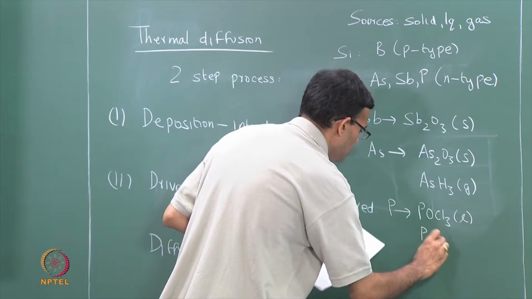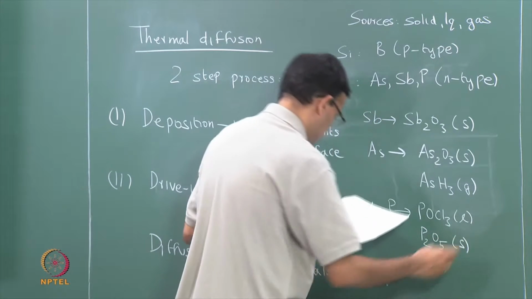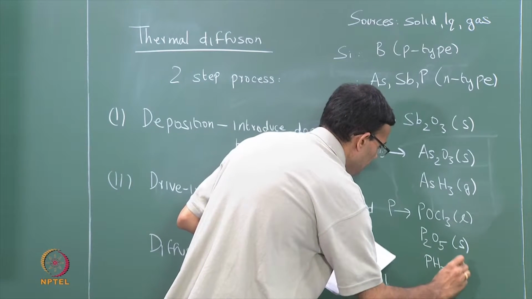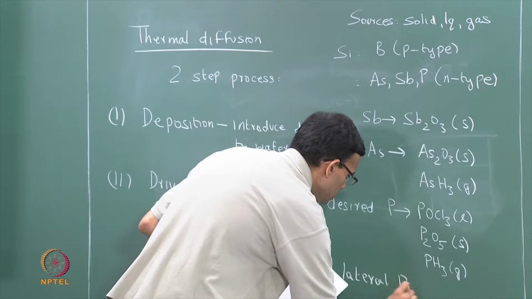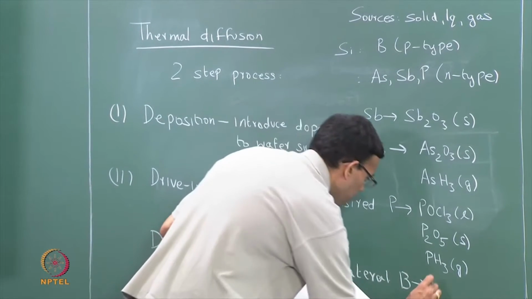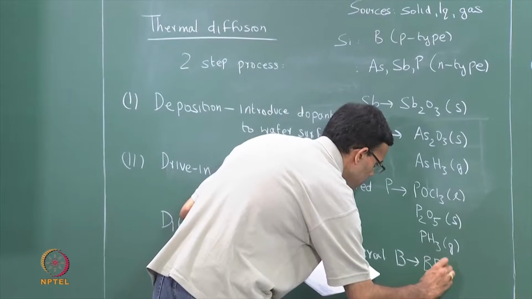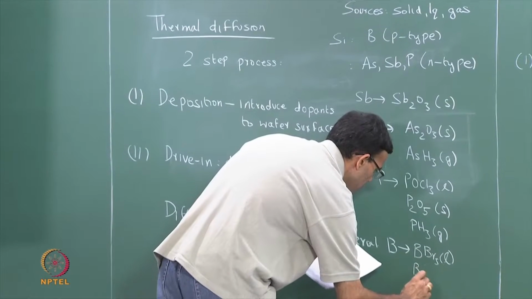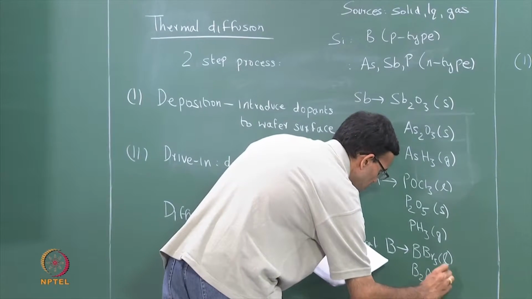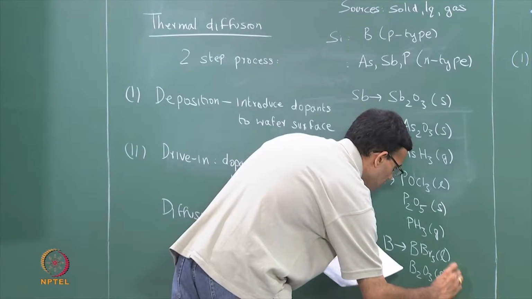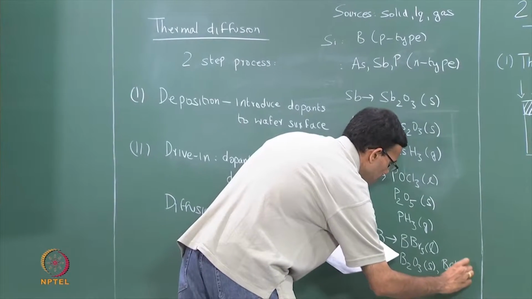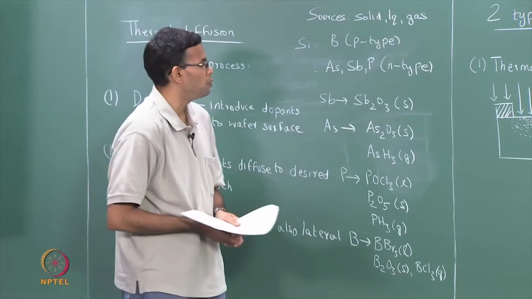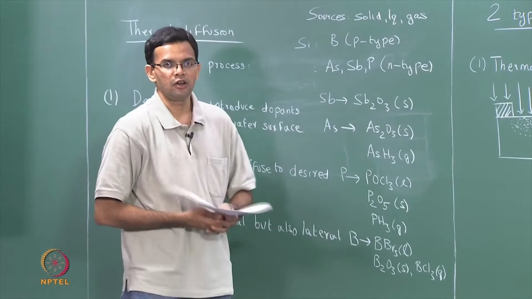You can have a solid source, P2O5, or PH3, which is a gas. For boron, once again you can have BBr3, which is a liquid source, B2O3, which is a solid source, and BCl3, which is a gaseous source. So you can have your source of dopants to be either solid, liquid or gas.